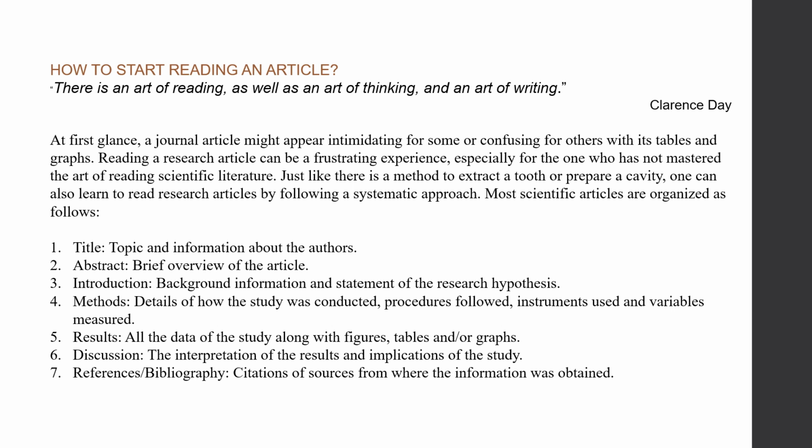Next is the introduction, where you will find background information and the statement of the research hypothesis. Then the method contains details of how the study was conducted, procedures followed, instruments used, and variables measured. Then the results: all the data of the study along with figures, tables, and or graphs, so the findings of the research.